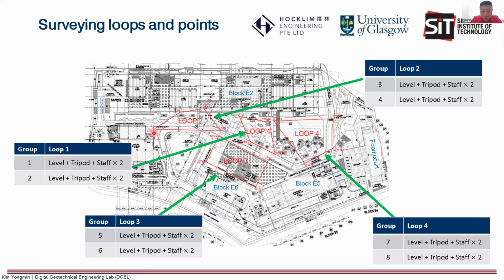And I think here is E1, right? And loop 3 is in front of E6. And loop 4, which I took as an example, is between E4 and E5 and partially at E2.